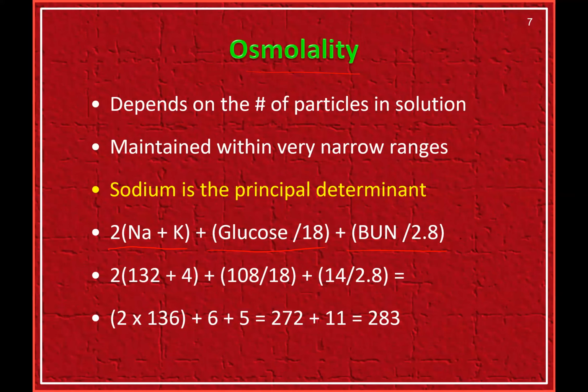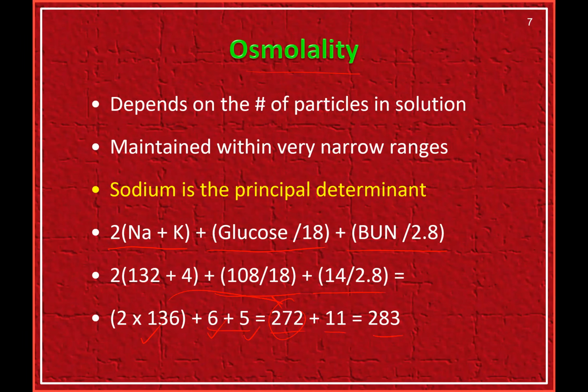Because sodium and potassium are milliequivalents, if you want to add, then you have to make them the same units. And that results in 132 sodium plus 4 potassium, 2 times 136, that is 272, glucose divided by 18 is 6, urea divided by 2.8 is 5, and the total becomes 283. That's around the plasma osmolality.